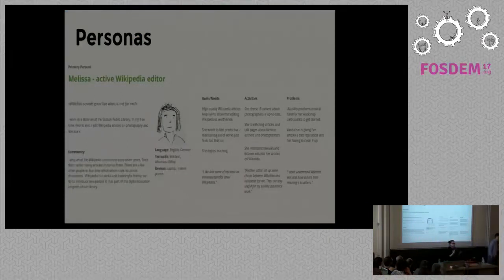Those are profiles of functional users, and they have a role, a name, specific problems, they're in a specific place in their life, they have specific activities, and this helps when developing to relate the things you're doing to someone. So you're not doing it for some generic person, but you try to envision, I'm programming this for Melissa because she needs this exact function. And so this is usually a very helpful tool.